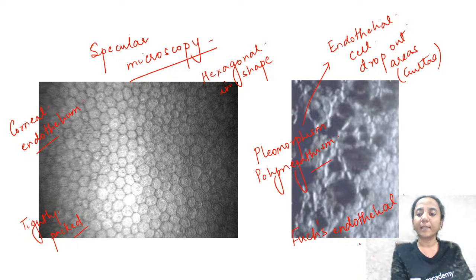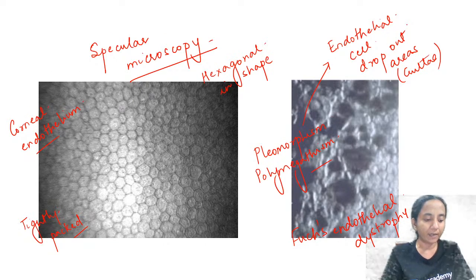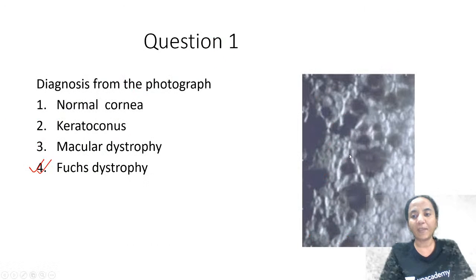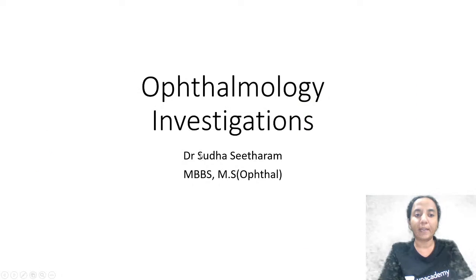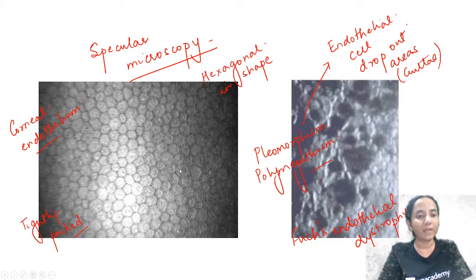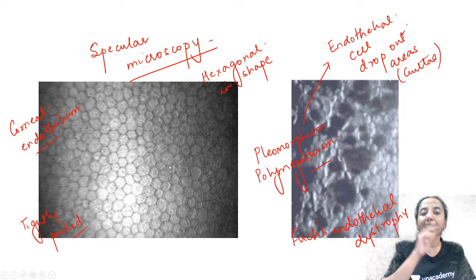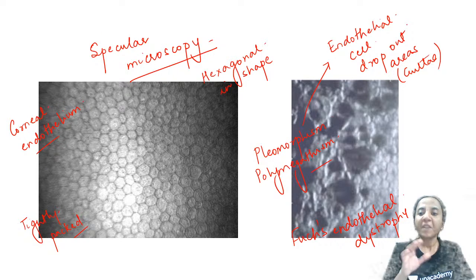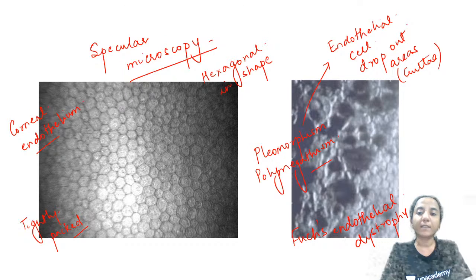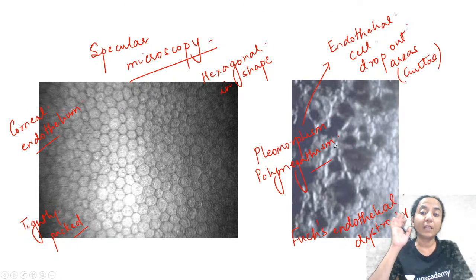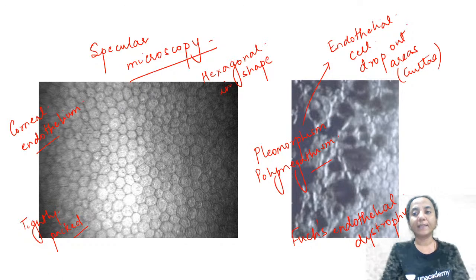Let me just go over this picture once again. Why is this called Fuchs endothelial dystrophy? This is basically a picture of the corneal endothelium. I showed you the picture of the normal endothelium, with tightly packed hexagonal cells. Then in the picture given in the question, you see large black areas, which are the endothelial cell dropout areas, where the cells are absent.